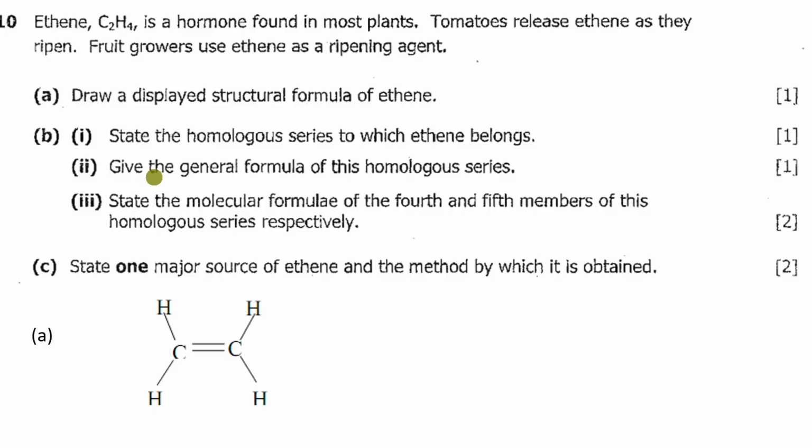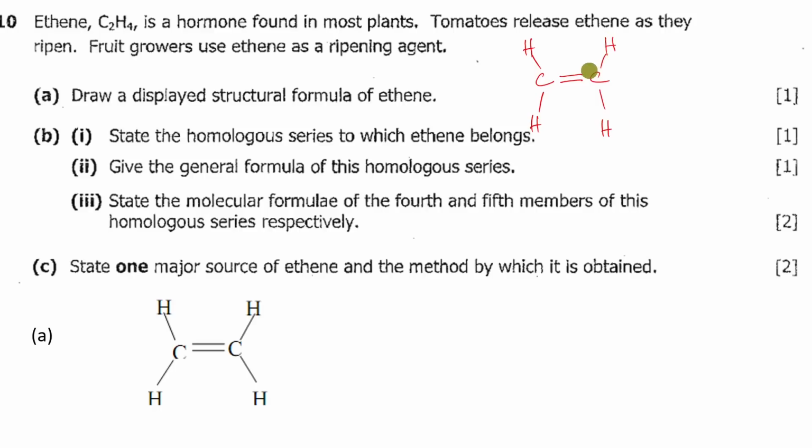It is C2, so let me put C and C and give them a double bond between them. They have 4 hydrogens, so each one must have 2. Put hydrogen here, put hydrogen here.